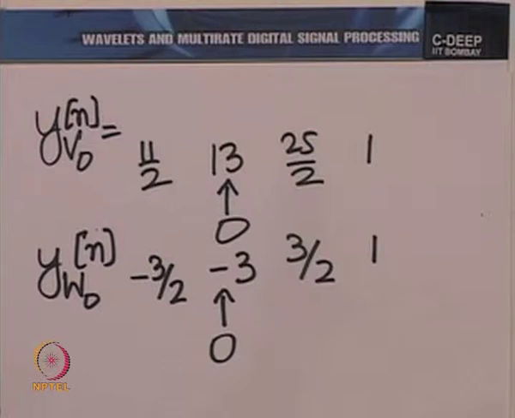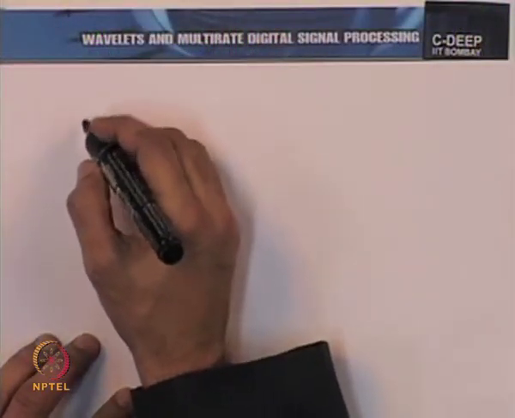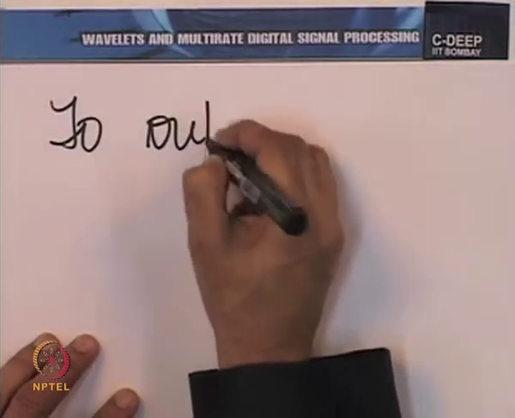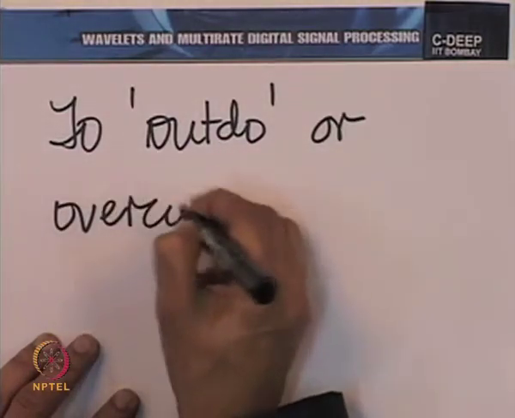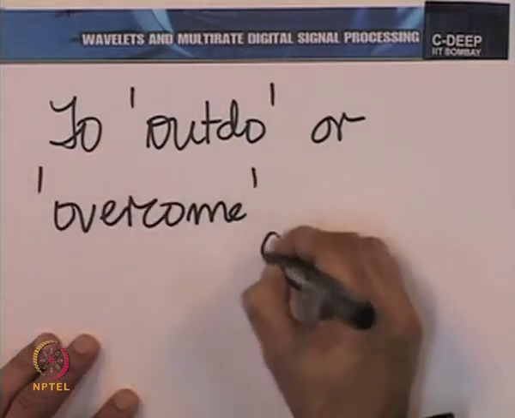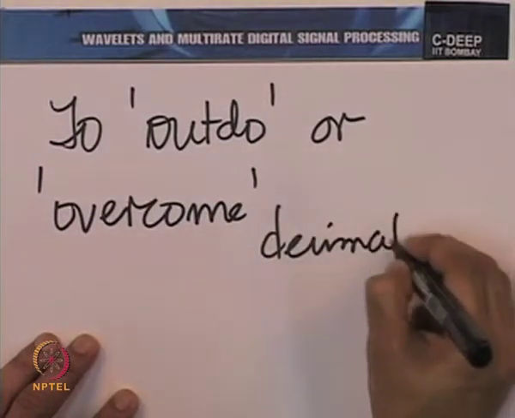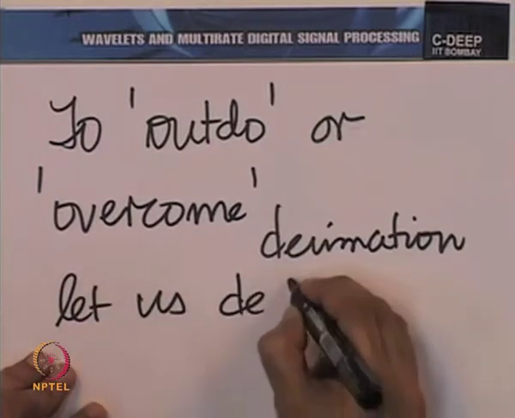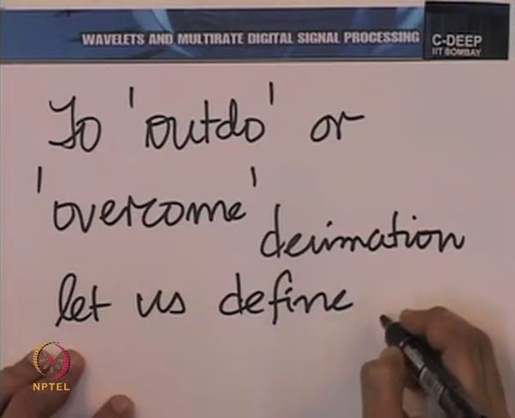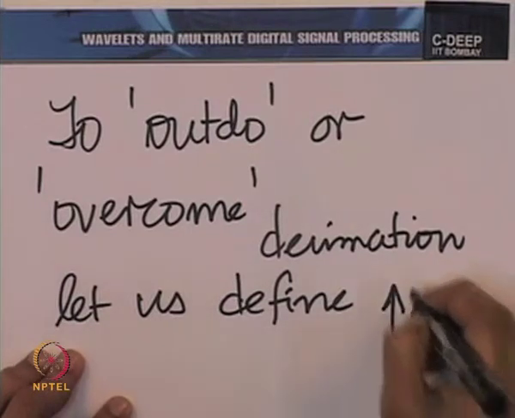So, let us first carry out what is called a process of interpolation or upsampling. Now, let us define, with the intent of outdoing the operator of decimation, an operator which we shall denote by up and to.